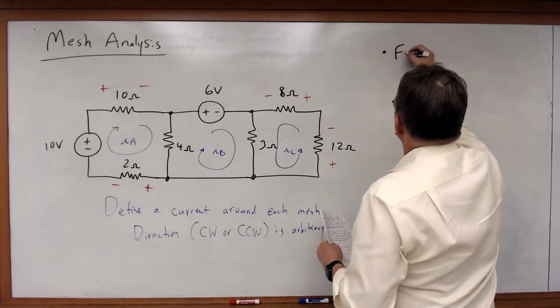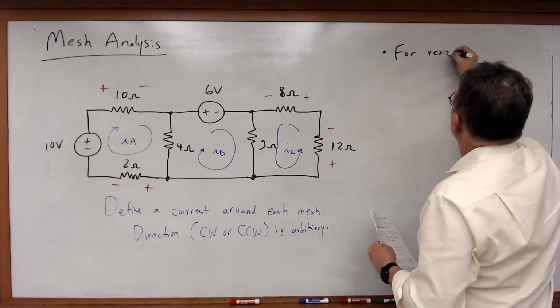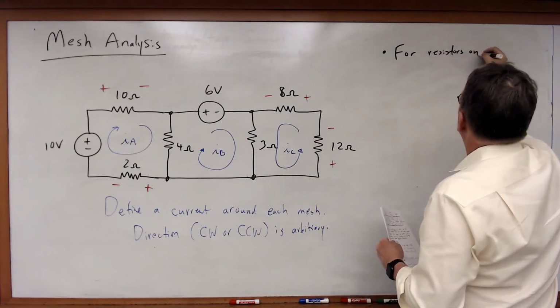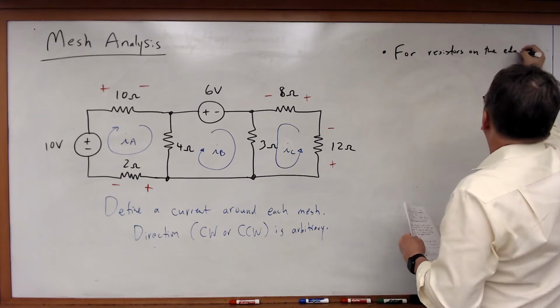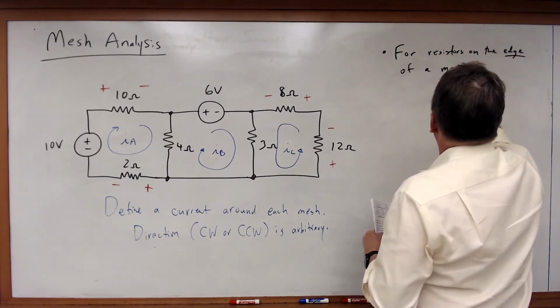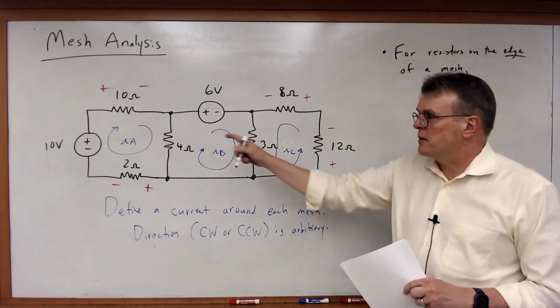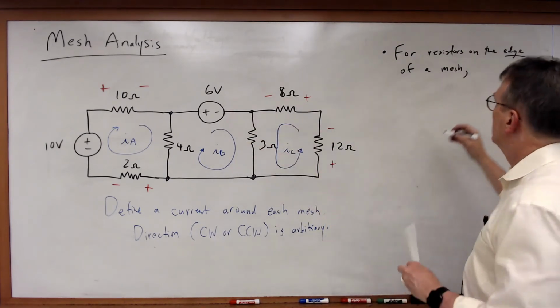Just to reiterate, for resistors on the edge of a mesh, we're going to use the passive sign convention to define the voltage across it.